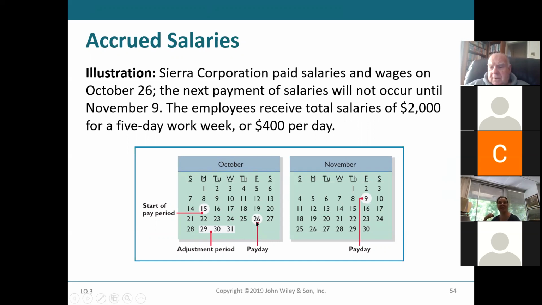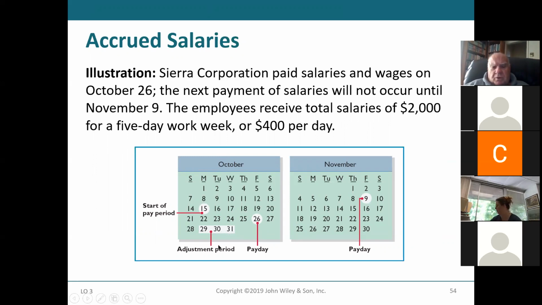You see that? October 26th. But what happened? On October 29, 30, and 31, you worked. The business worked. You're not going to get paid for the 29th, 30th, and 31st until way out in November 9th.